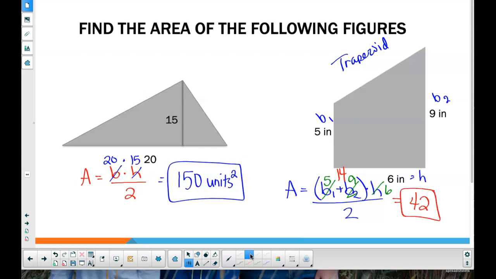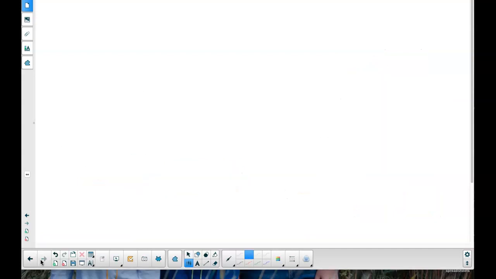Okay? I'm going to draw a couple more for you so we can talk about it. What if I gave you this? A triangle that looks like this. And you don't necessarily have to draw it, but I'm gonna label it like this. 12 centimeters and 5 centimeters.